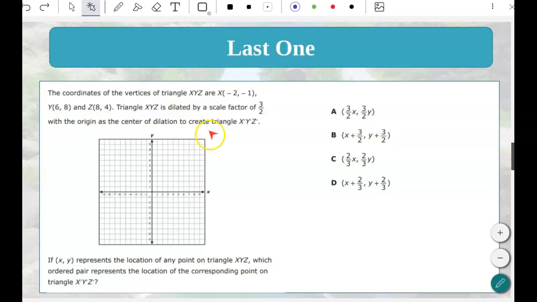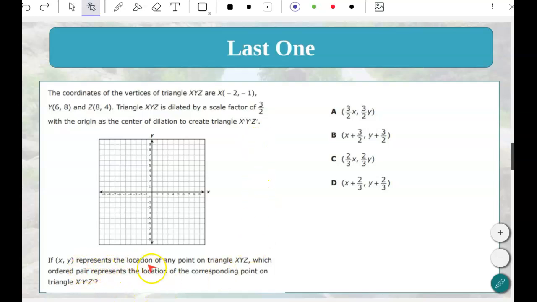Last one, and this was also a STAR question. The coordinates of the vertices of triangle XYZ are given: -2, -1 for X, 6, 8 for Y, 8, 4 for Z. The triangle XYZ is dilated by a scale factor of 3/2, with the origin as the center of dilation to create the new triangle.